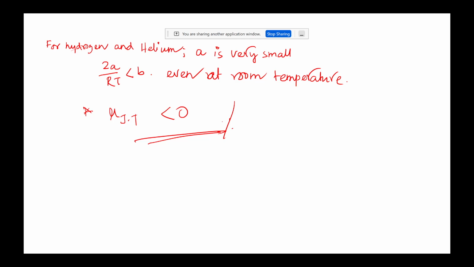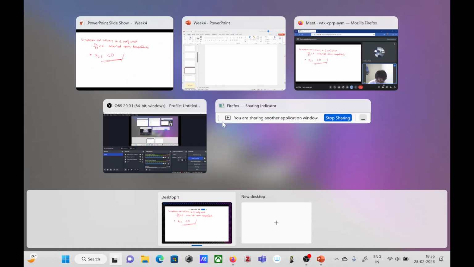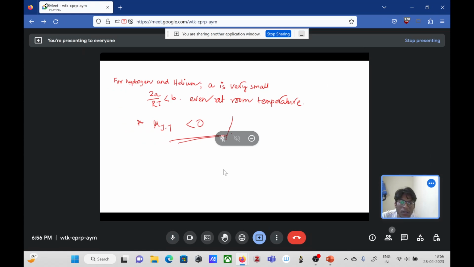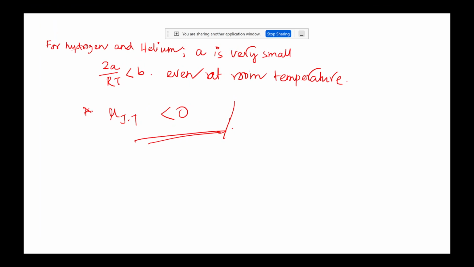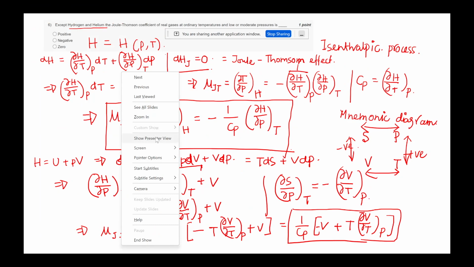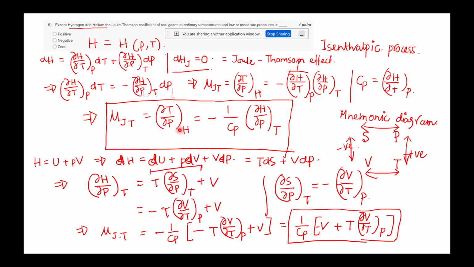There can be many more expressions, but let me stop here because then we will deviate from our discussion. Let's just summarize the whole expression. Enthalpy is a function of pressure and temperature, so we can expand the enthalpy function in terms of temperature and pressure.